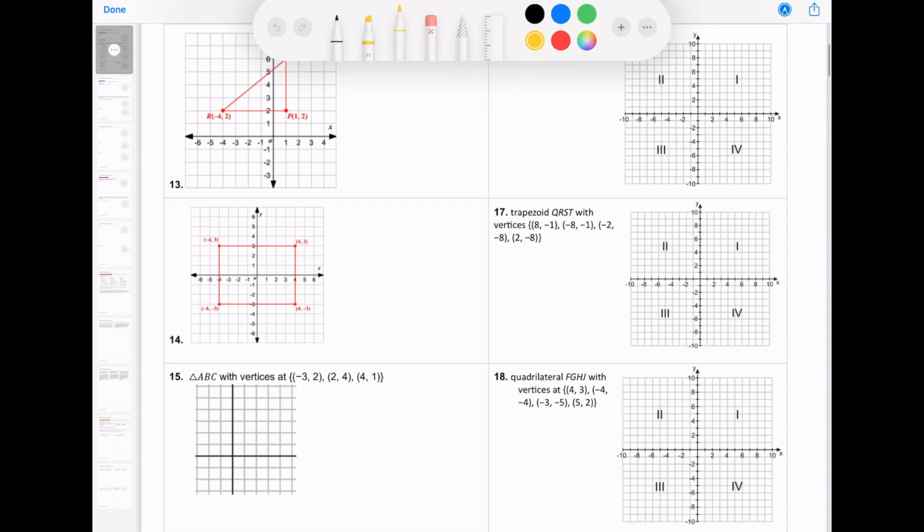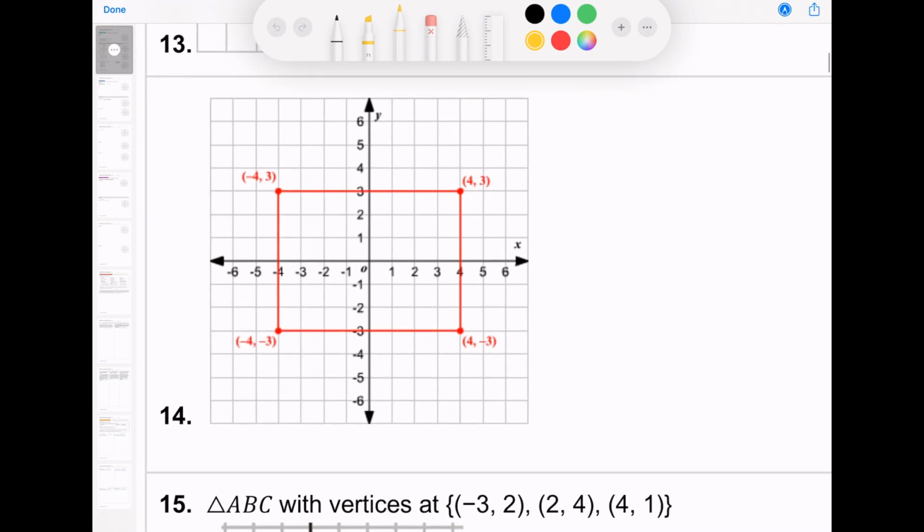All right, question number 14. Let's write down our ordered pairs. I'm going to call this A, B, C, and D. So here we're doing step number 1, label.